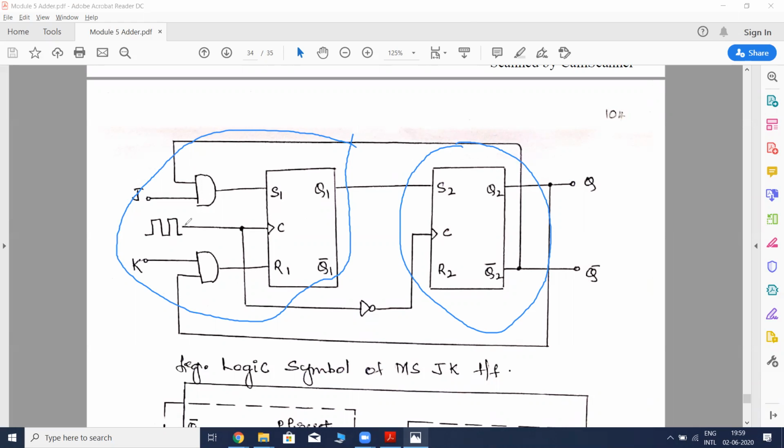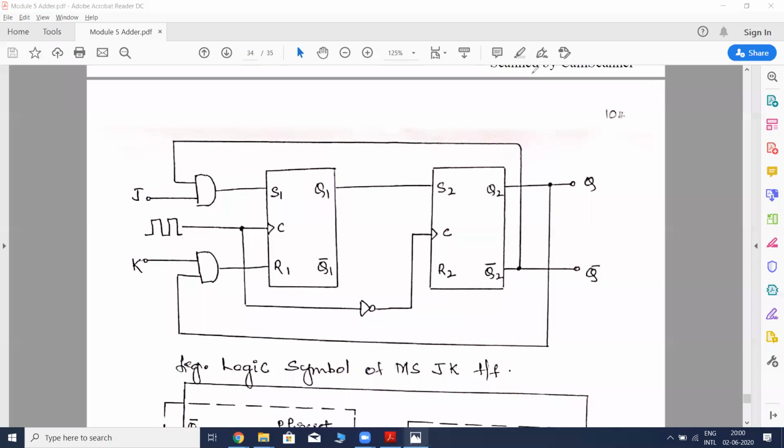You could see that the clock is directly given to the JK flip-flop, but it is not given directly like this to the slave. It is passed through the inverter and then given as input to the slave flip-flop.